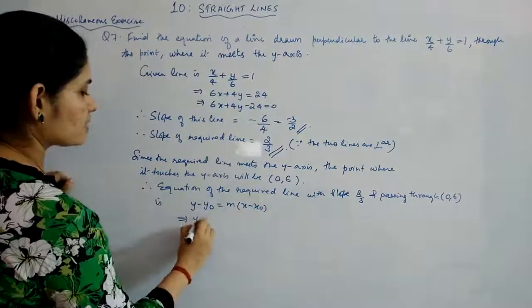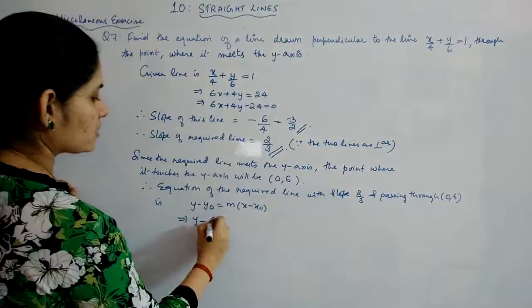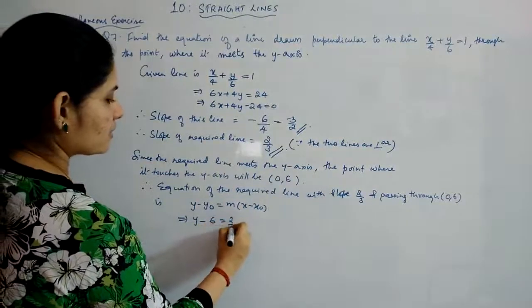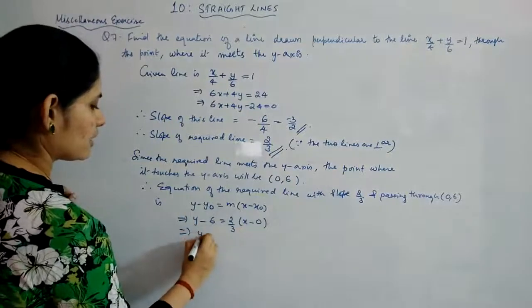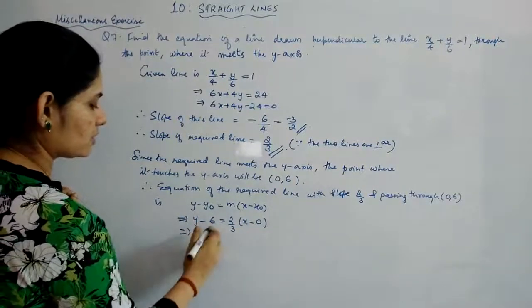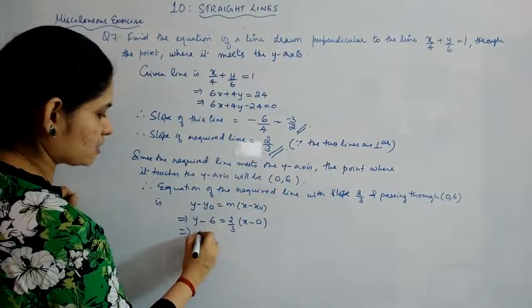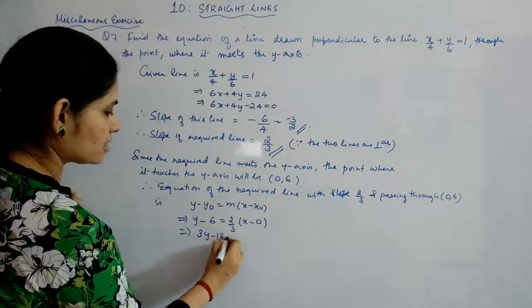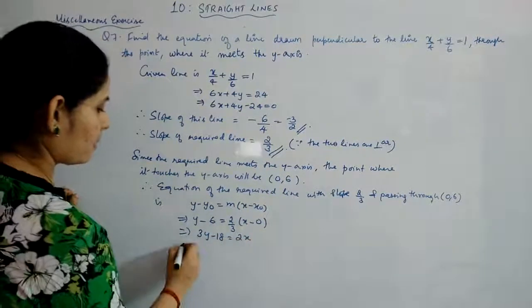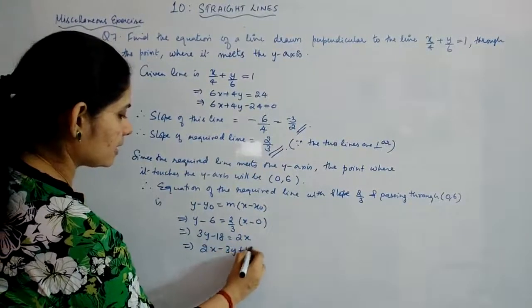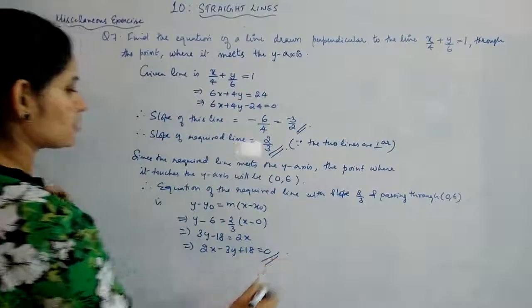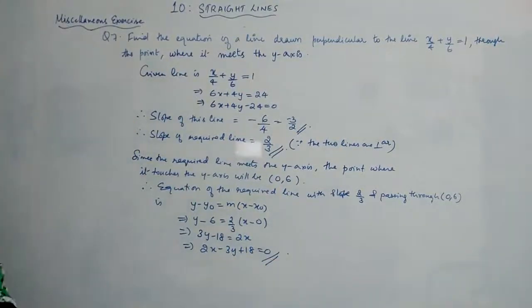Replace the values, you will get y minus, what is y naught here? 6, m is 2 by 3, x minus x naught is x minus 0. So you are getting y minus 6 equal to 2 by 3 x, or you can take the cross multiplication, you will get 3y minus 18 is equal to 2x, or 2x minus 3y plus 18 equal to 0. So this is the required equation of the line.